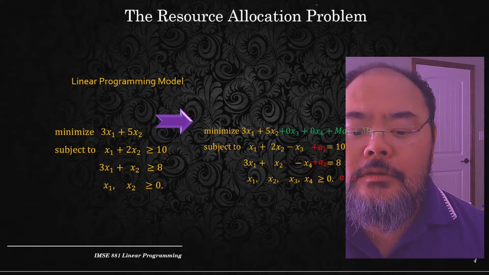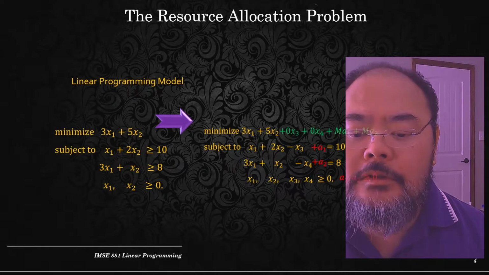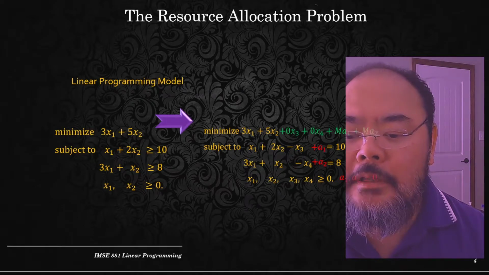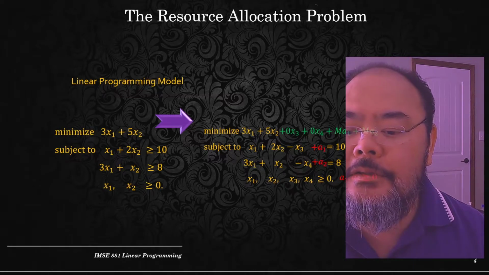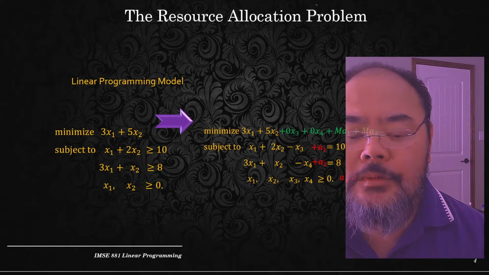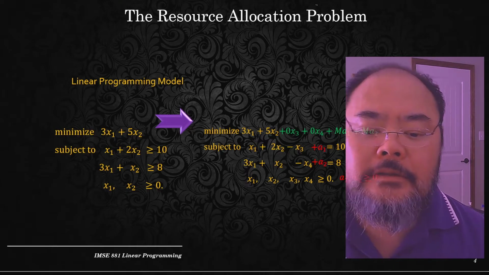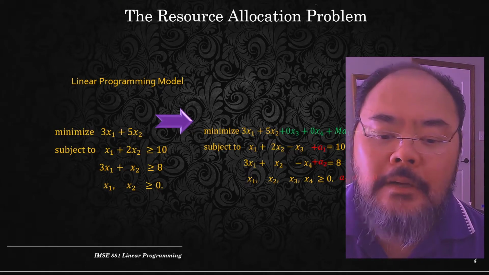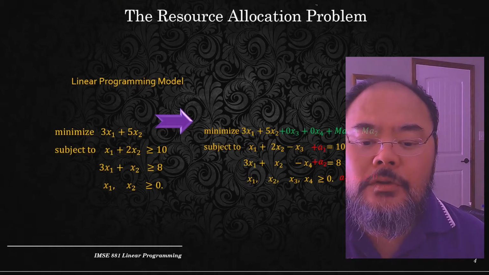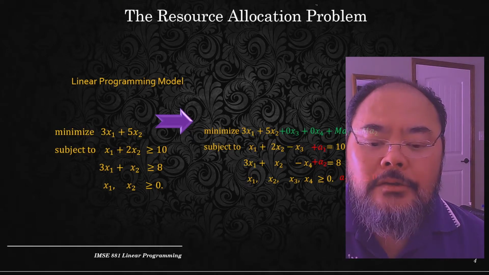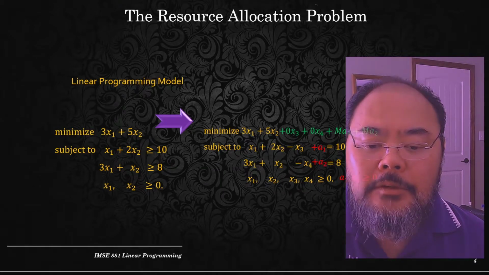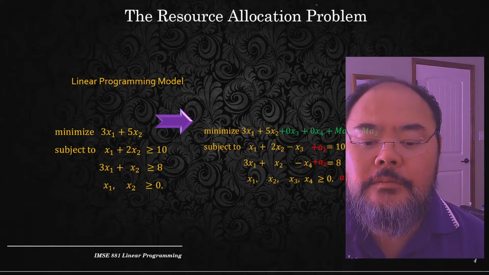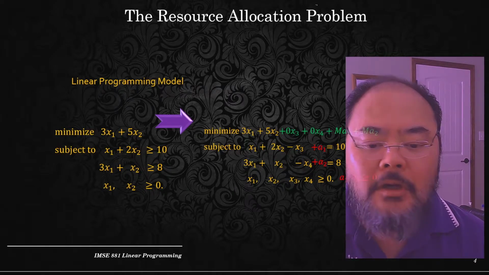So x3 and x4 still get a coefficient of 0, so they have no impact on the overall objective function. However, since this is a minimization problem, we're going to penalize these artificial variables inside my basis, inside my solution. If a1 and a2 are greater than or equal to 0, then the capital N represents a huge number, any large number.